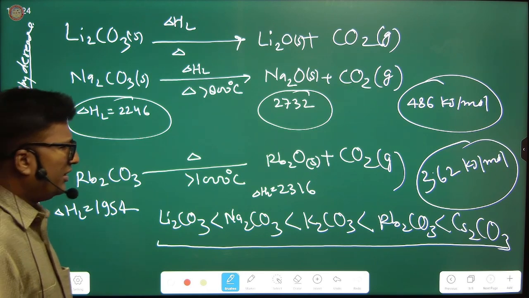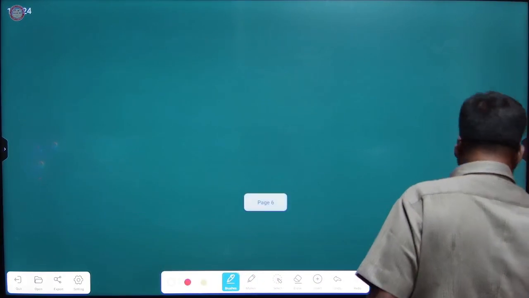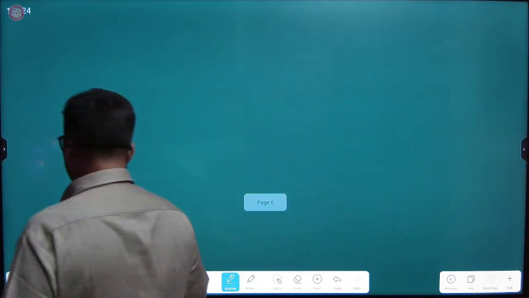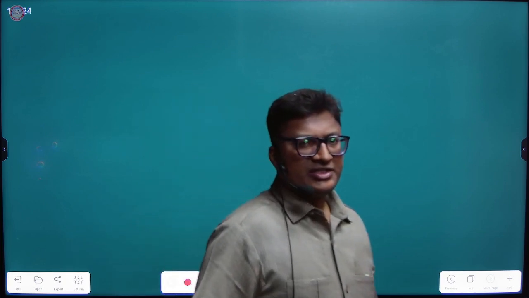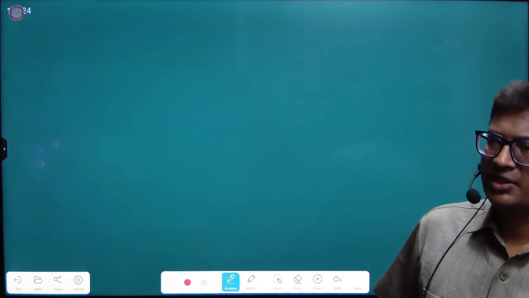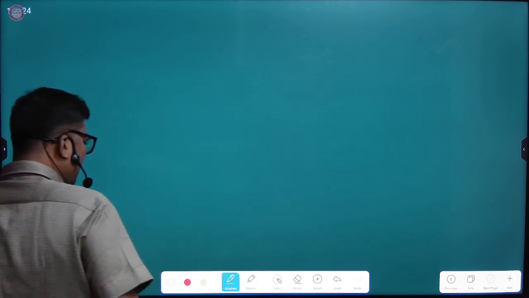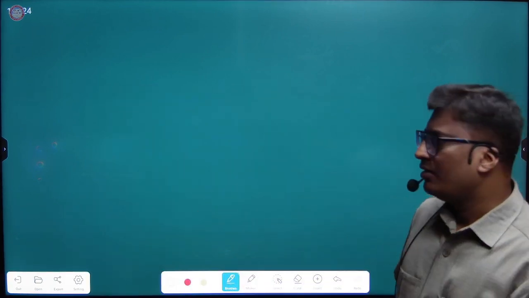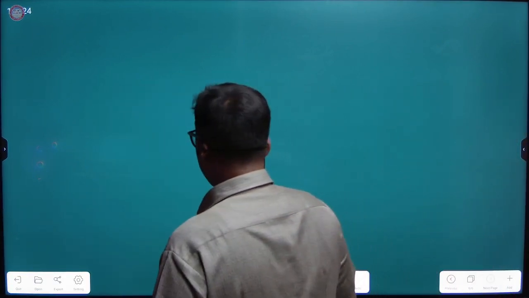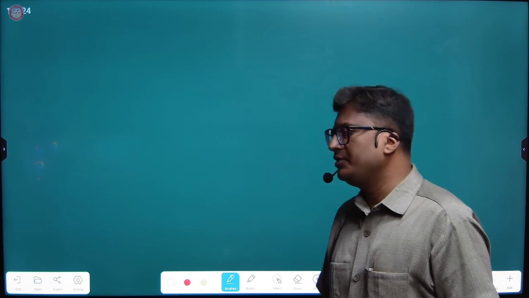So in this way we can say that lattice enthalpy gives us an idea about the stability of ionic compounds, right? So higher lattice enthalpy means higher melting point, high melting point compounds, hard compounds, right?